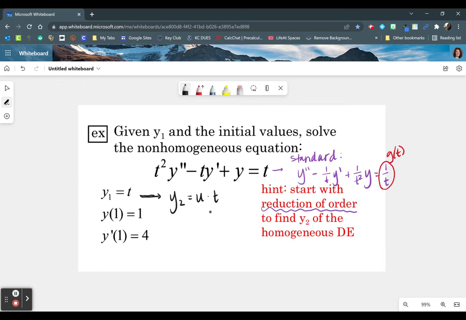Remember, we always take u of t, just some function, and multiply it by our original y sub 1. So we are going to find the first and second derivatives of y sub 2, keeping in mind that u is a function, so we're going to have to use product rule here.